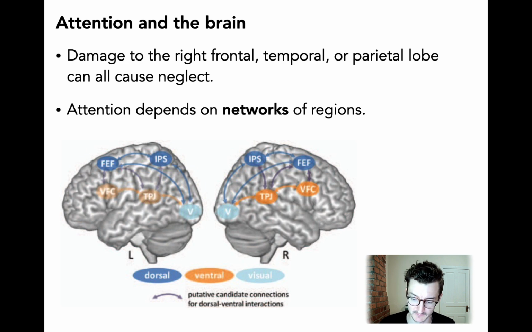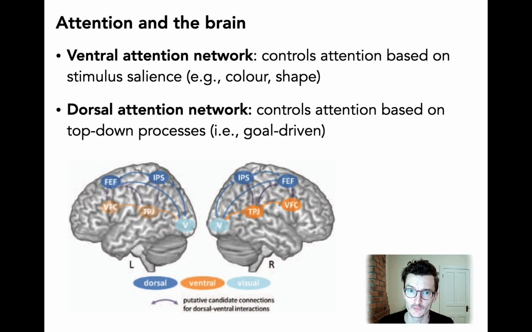But like vision, we tend to think of attention as existing in two streams. So a ventral stream and a dorsal stream. And the ventral stream seems to be interested in changes in attention that relate to stimulus salience. So this is kind of like your bottom-up attentional stream.